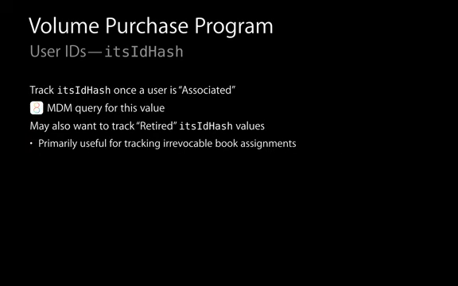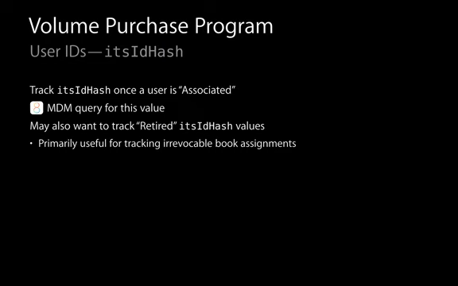And finally, the representation of the user's Apple ID who's accepted the invitation takes the form of an iTunes Store ID hash. And you should track this as soon as a user has accepted an invitation. New in iOS 8, there's now an MDM query, not just in iOS 8, it's also in OS 10 and Yosemite.